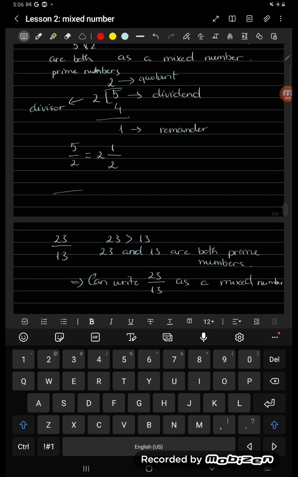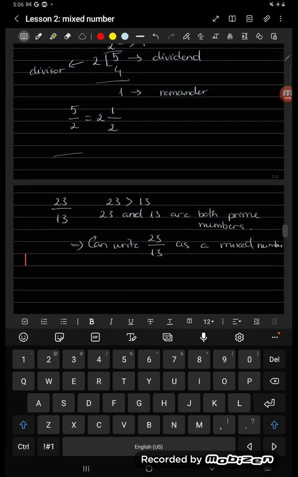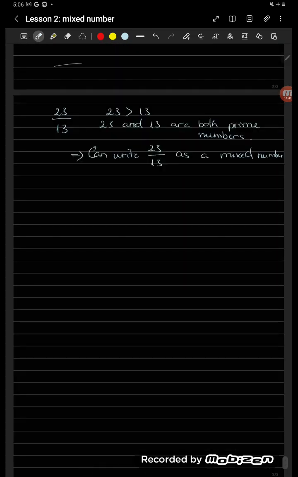And we follow the steps above. We take 23 divided by 13. Again, 23 here is called the dividend, and 13 here we call the divisor.